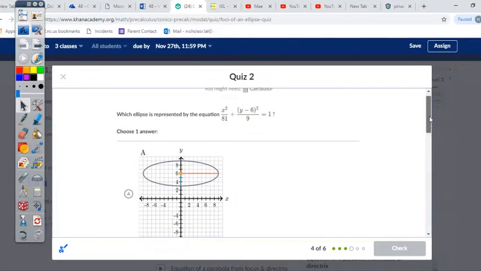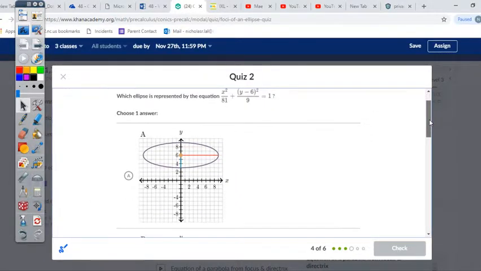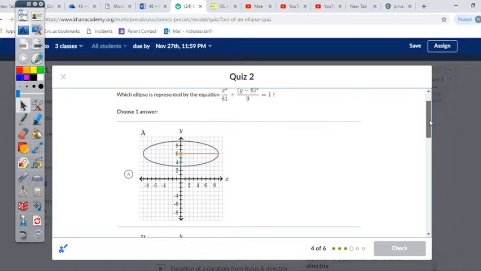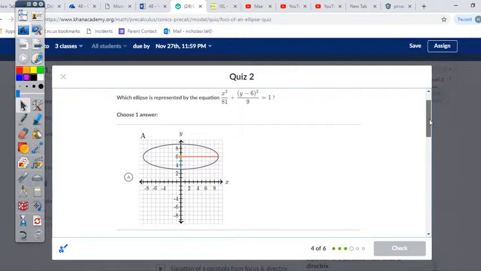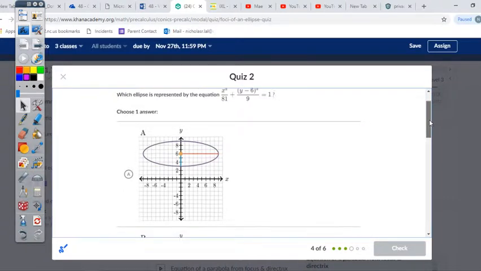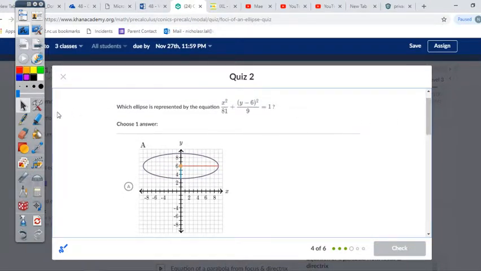Which ellipse is represented by the equation x squared over 81 plus (y minus 6) squared over 9 is equal to 1? So let's get all the information out. It's a horizontal ellipse.